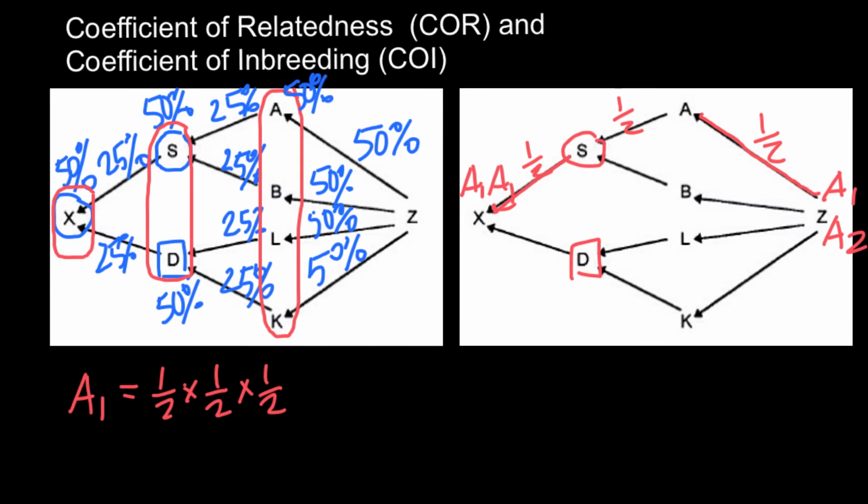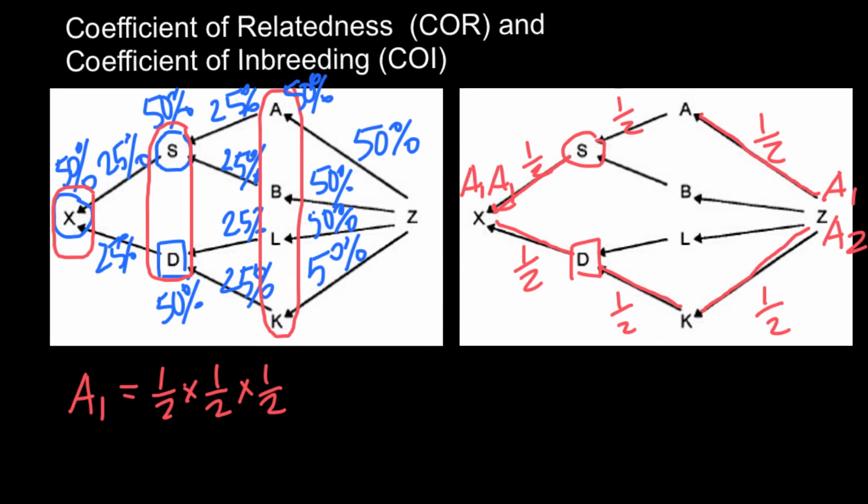Individual D may inherit from parent K, so parent K may have a 50% probability of getting this allele, 50% probability of passing to individual D, and individual D would also have 50% probability of passing this allele to individual X, and now individual X would have two A1 alleles.